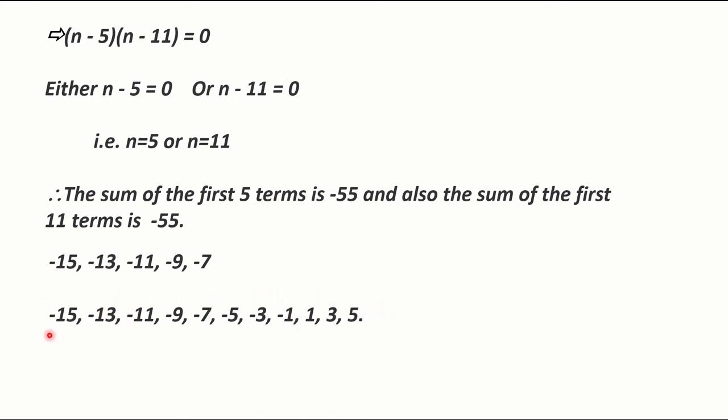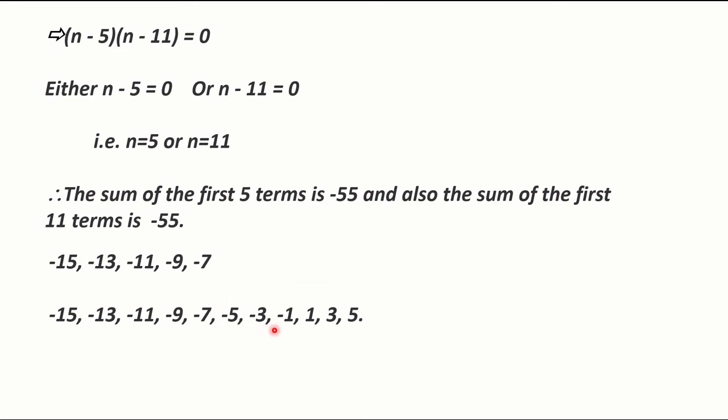in this sequence, you can check that minus 5 and plus 5 will be cancelled. Minus 3 and plus 3 will be cancelled. Minus 1 and plus 1 will be cancelled. It means the last 6 terms, when they are added, they will give 0.